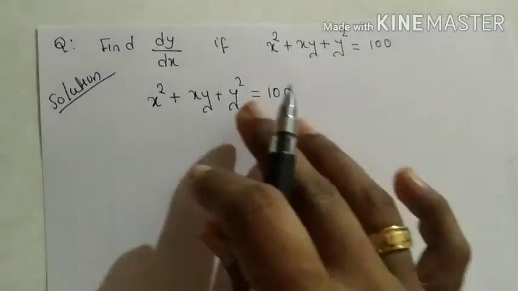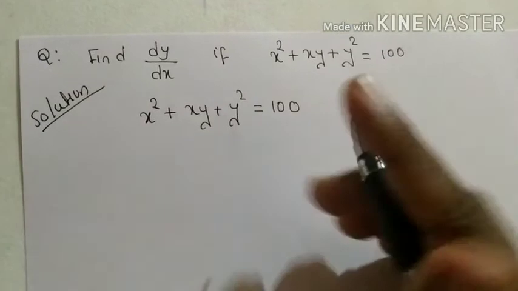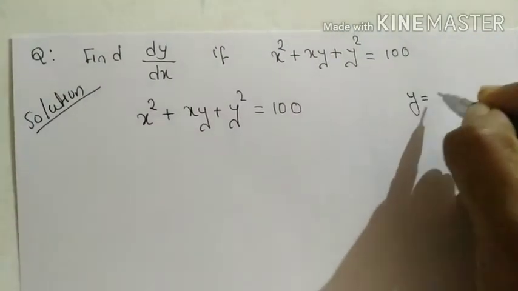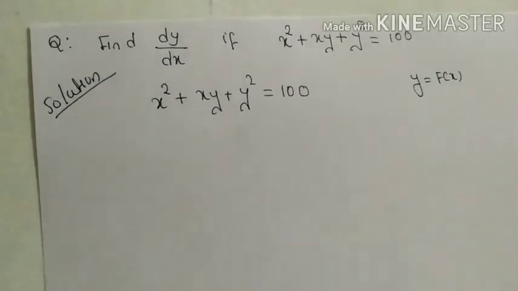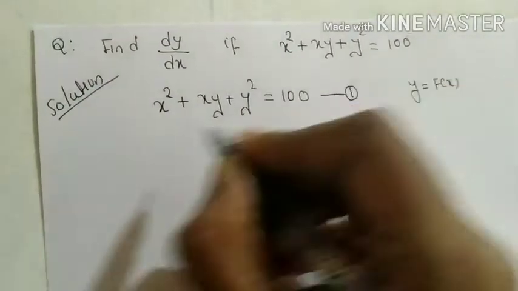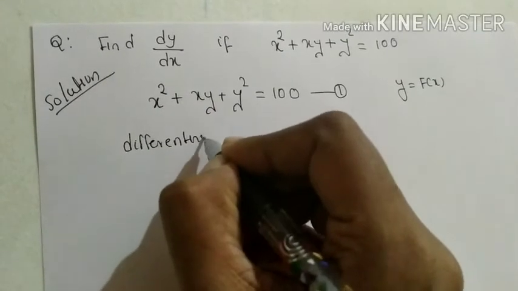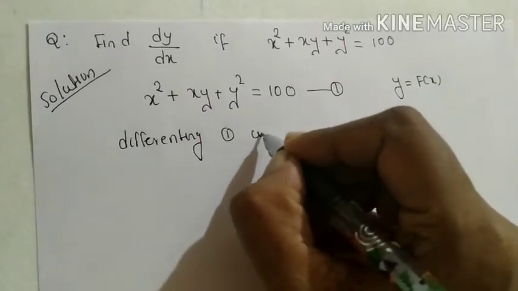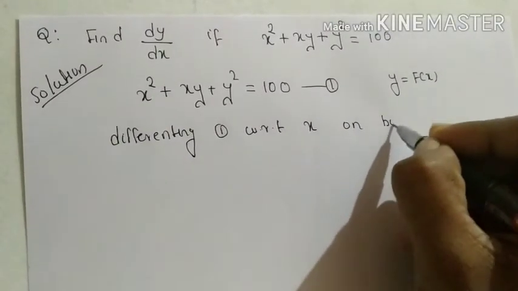Okay. This is an implicit function, right? So this cannot be written in the form of y equal to f of x. So let's name it as equation number 1. Differentiating equation number 1 with respect to x on both sides.